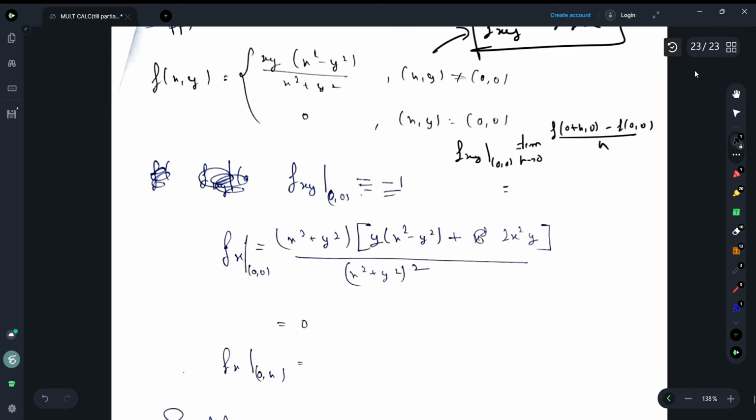Putting y equals 0 here, the numerator becomes 0 and this is also 0. Sorry, this is not fxy, this is fx. So its value is 0 at 0 comma 0. Clear?